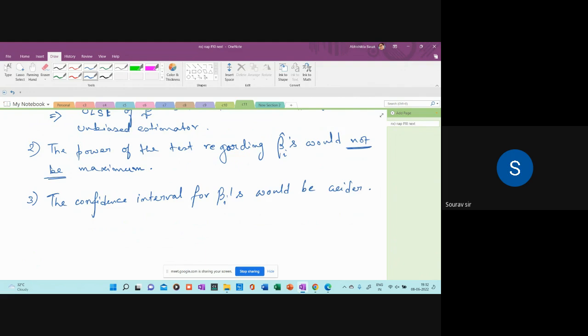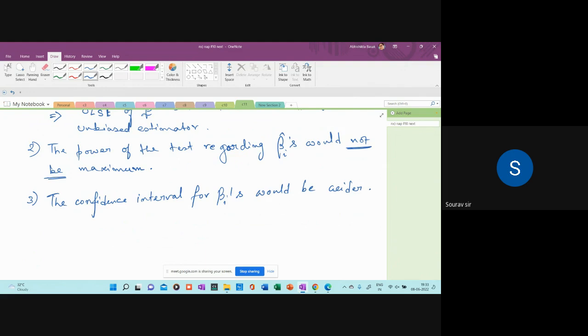Other than that, how can we prove that our OLS estimate can affect the above conditions? When the assumption is violated, suppose all the variances are not equal, then instead of this exact OLS estimator, we need to use the generalized inverse formula. That is one thing you can add over here.